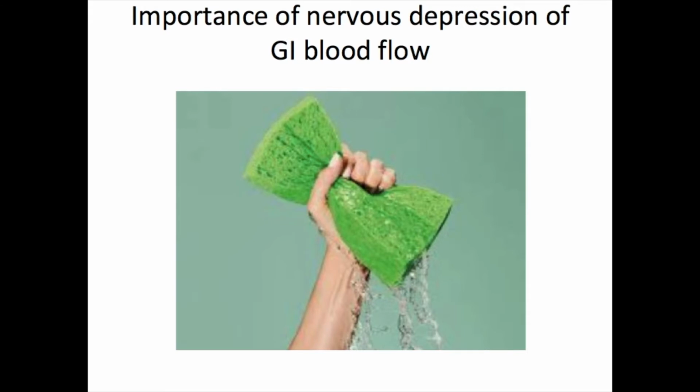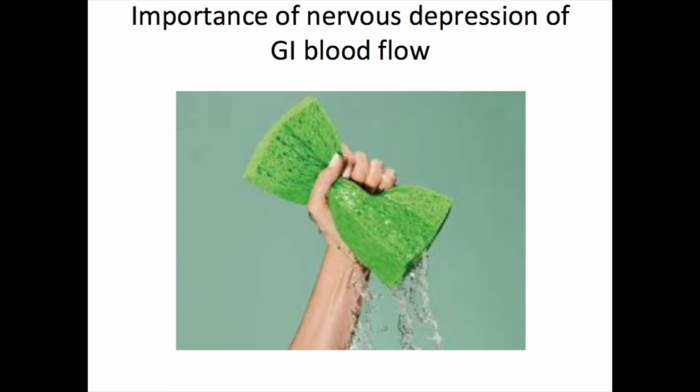Why is this nervous depression of gastrointestinal blood flow important? Because, my dear, sympathetic vasoconstriction takes place in the gut in conditions like heavy exercise or in case of circulatory shock.